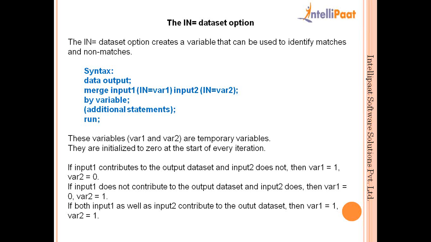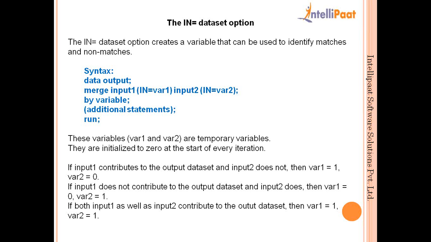So the IN data set option creates a variable that can be used to identify matches and non-matches. It is an intermediate variable which gets created at the time of merging two data sets, and it tells you what the matches and non-matches are.